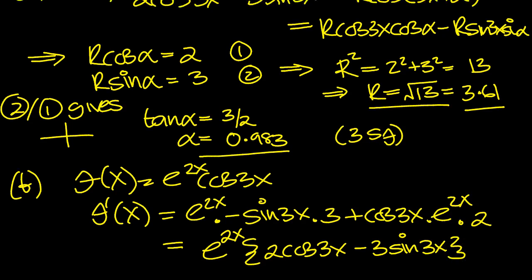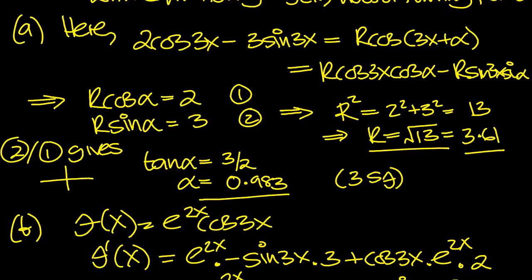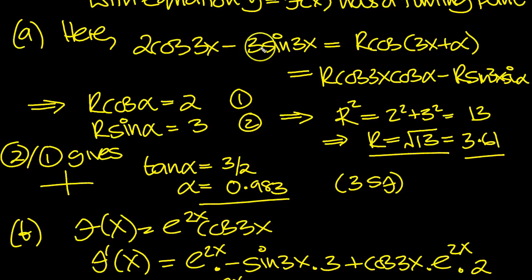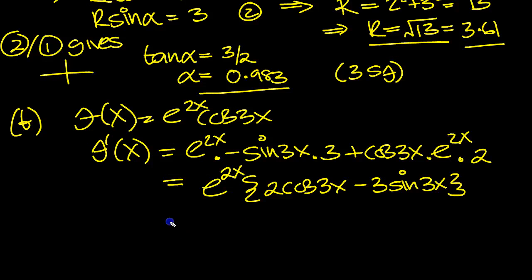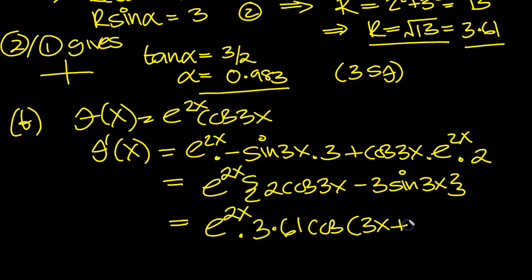And that was what we had above, so that would equal r, which is 3.61, cos of (3x plus alpha). So it's equal to e to the 2x times 3.61 cosine of (3x plus alpha), where alpha was 0.983.